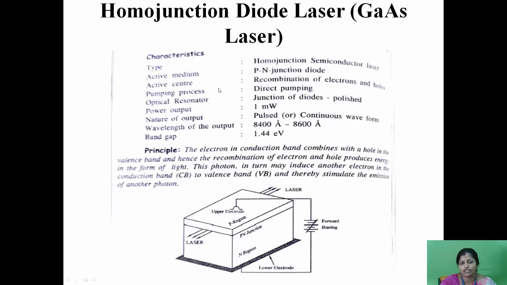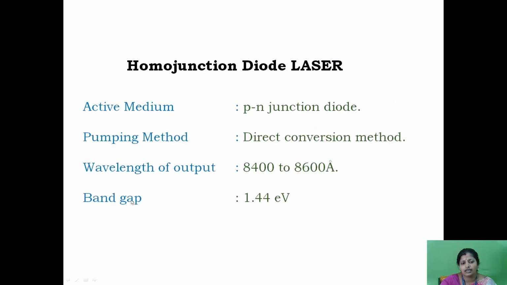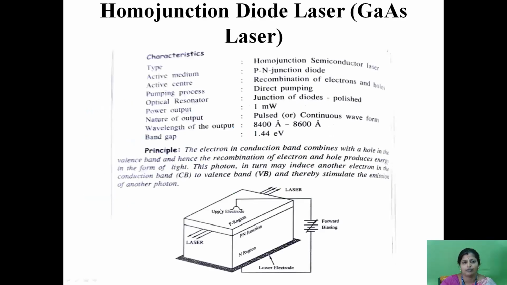The homojunction output wavelength is 8000 Angstrom to 8600 Angstrom, and the band gap value is 1.44 electron volts. Using the basic formula, photon energy equals h nu, you can find the band gap value. Different characteristics are given, and then the principle of the homojunction diode laser, the gallium arsenide laser.